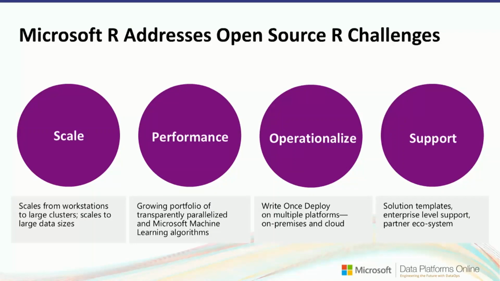And for operationalization, we have a write once deploy anywhere model in which you can develop your R code for a test platform and a test set of data, and then deploy those R assets and models to a large compute cluster or a SQL server where they can be operationalized in the form of stored procedures or web services. And for support, Microsoft offers 24/7 enterprise support for our server.